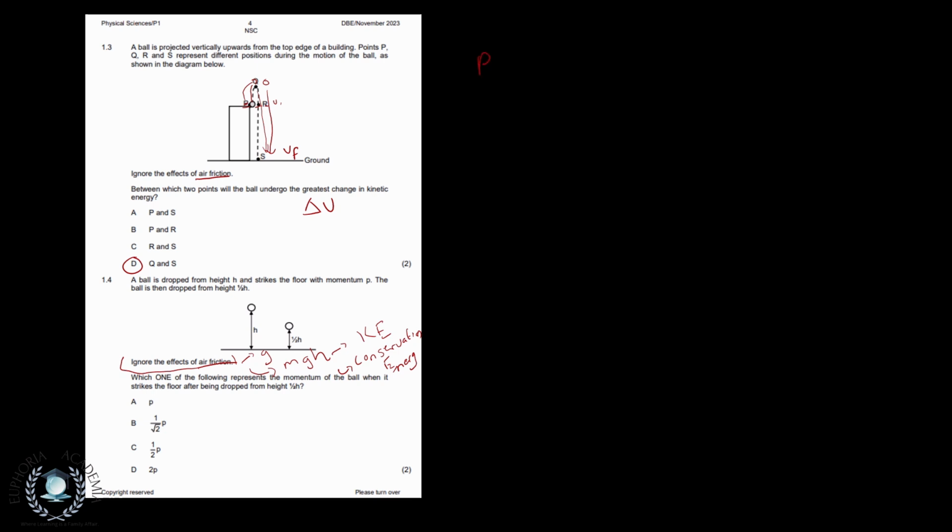And we're told that the momentum is p, and momentum is equal to mv, right? So through the discussion of the question, I told you that the potential energy is basically transferred into kinetic energy, and that will be the momentum change, so to speak. That's what's changing here.